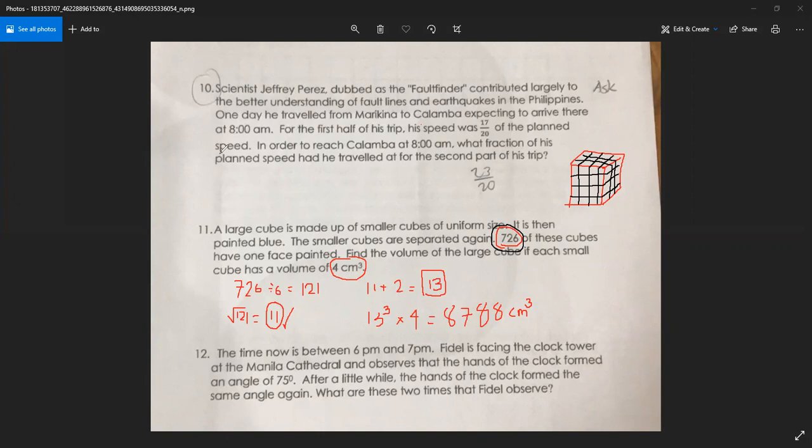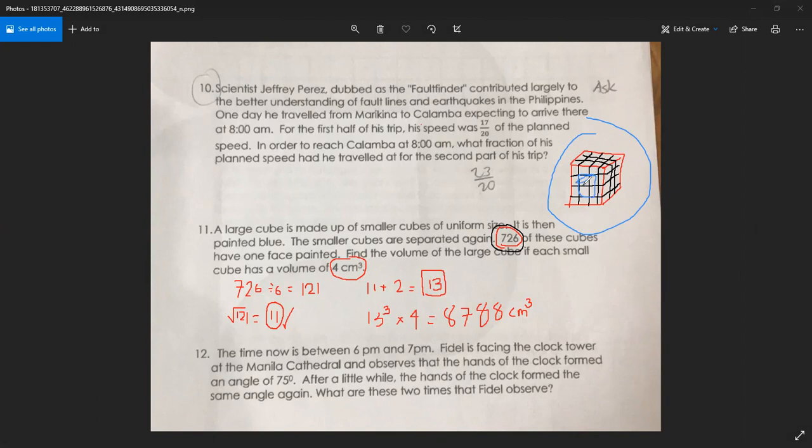Okay, now, so there are 726 cubes, right? So it means that actually looking at this figure on the right side of your screen, this part is actually painted once.